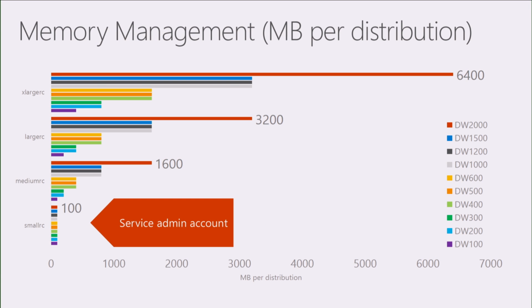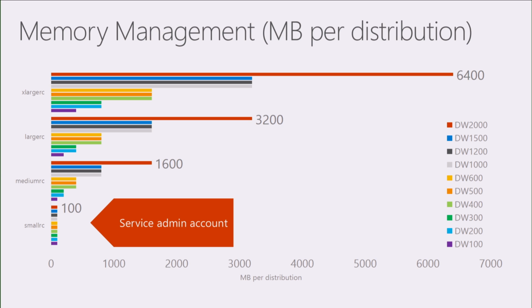Now, memory is incredibly important, as I was saying, in the way we manage memory distribution. SQL DW is column store based, and it does love memory, right? To make sure that when we're compressing the data and encoding the data, we do the best job possible.